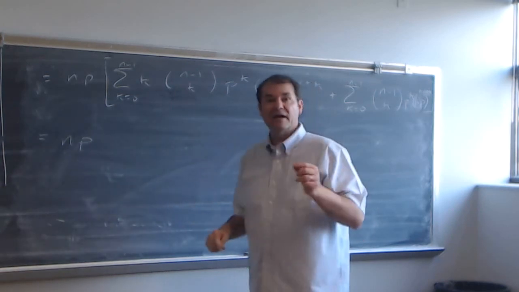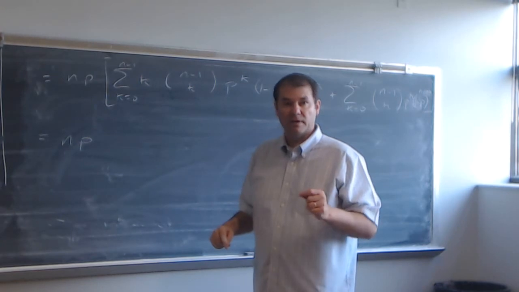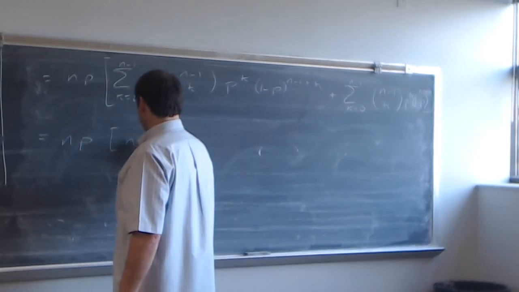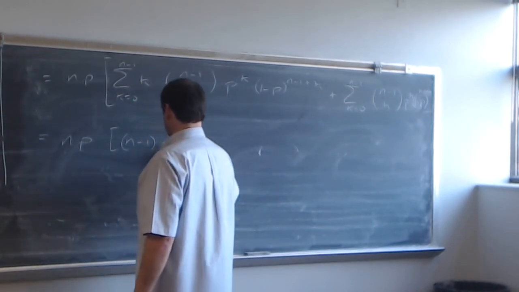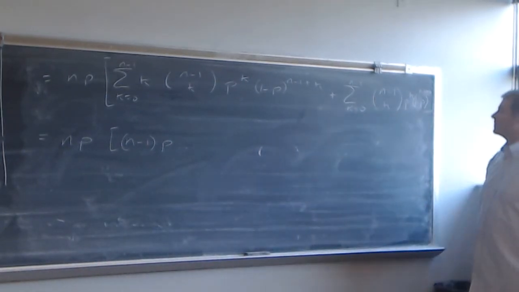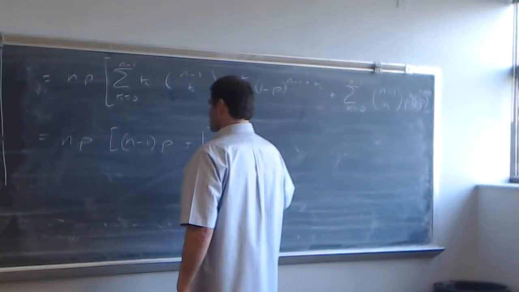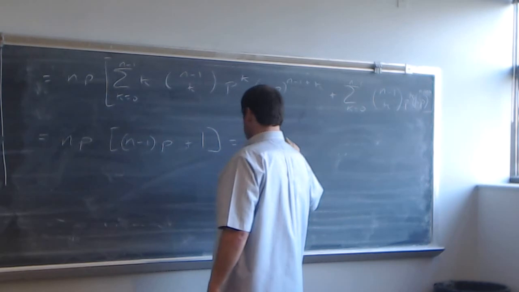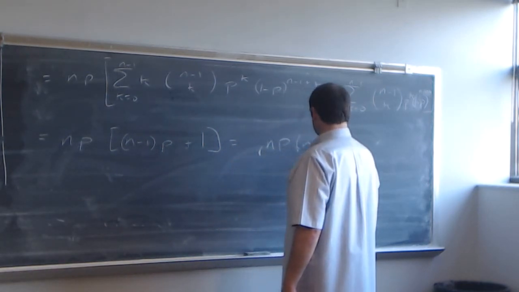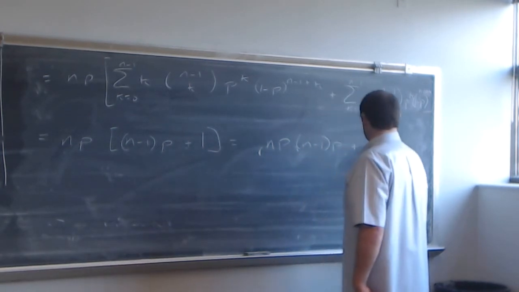So this sum is the expected value of a binomial random variable with parameters n minus 1 and p, which is n minus 1 times p. Plus, what this part is, by the binomial theorem, is just 1. So this is equal to np times n minus 1 times p plus np.